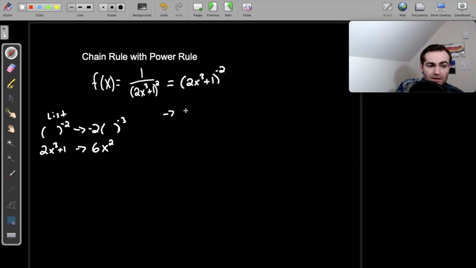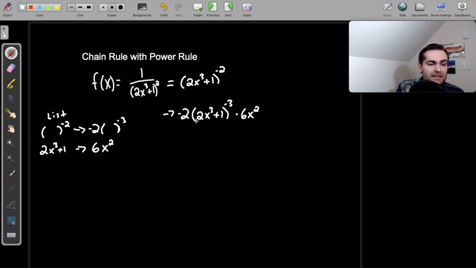So this is the derivative of the outside function, and when we take that derivative, we're going to have that negative 2. We're going to keep the inside the same, so this 2x cubed plus 1, and then that will be to the negative 3 power. And we're going to multiply that by the derivative of the inside, which we have found to be 6x squared. So that is technically done. It's not written properly, but that is the derivative.